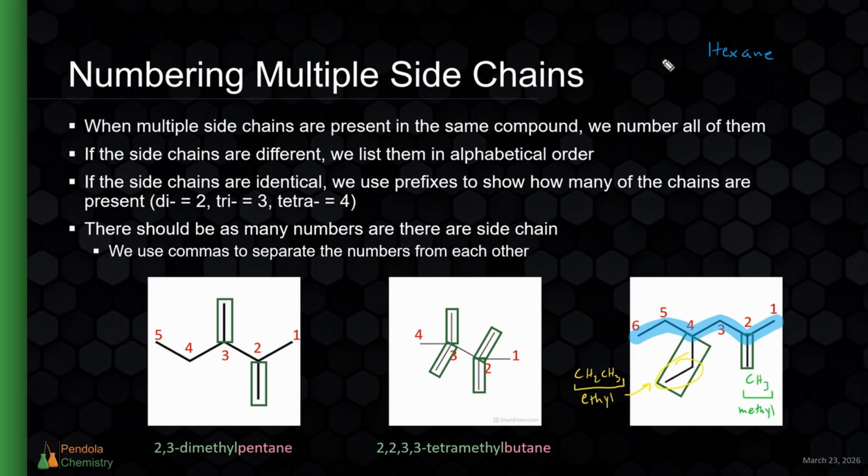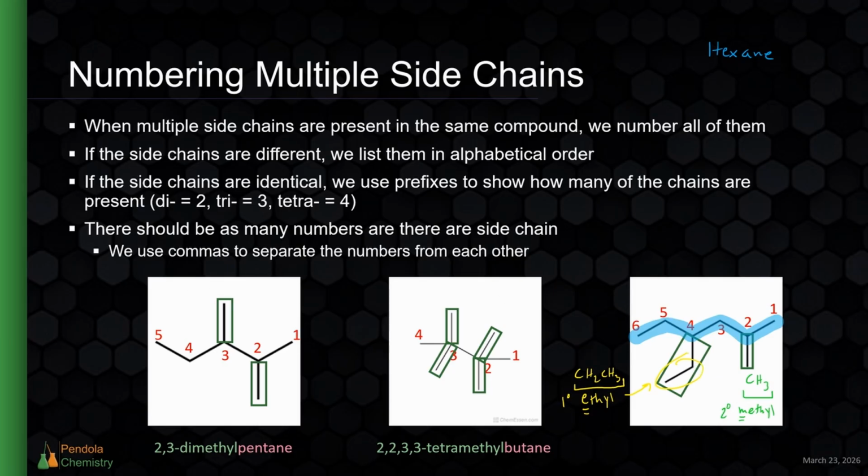When we put these here, we're going to put them in alphabetical order, meaning that methyl comes second because it starts with an M, and ethyl comes first because it starts with an E. So what is this going to be? This is going to be ethyl methyl hexane.